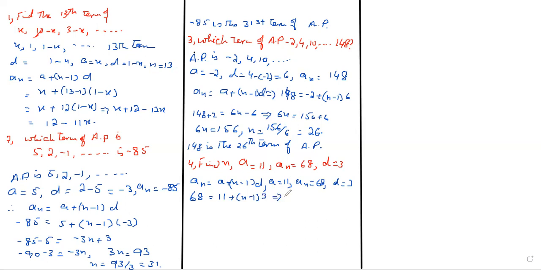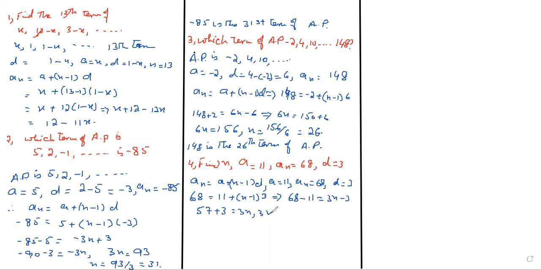Implies 68 minus 11 equals to 3n minus 3. So this will become 57 plus 3 equals to 3n.